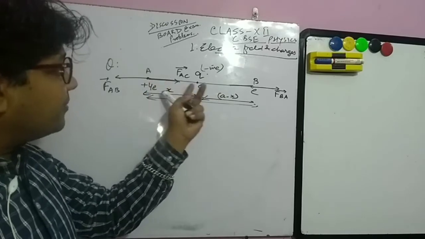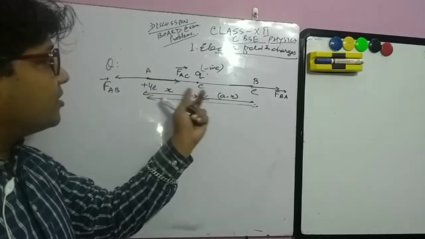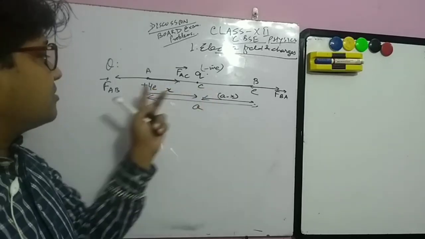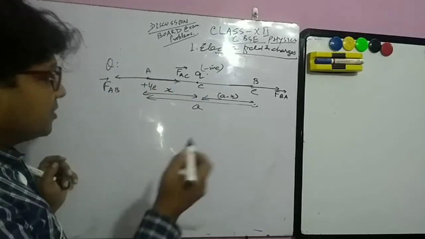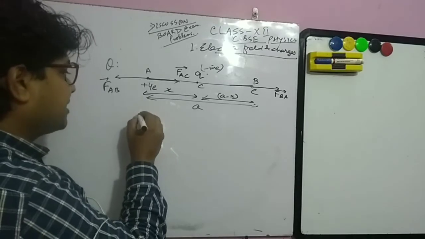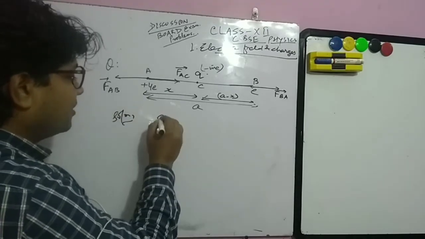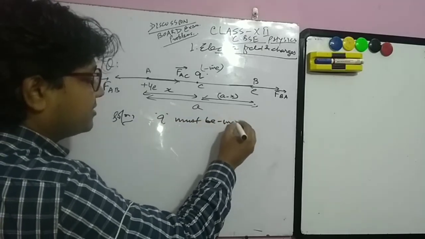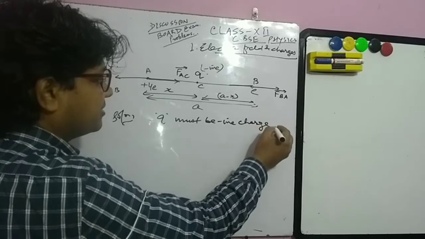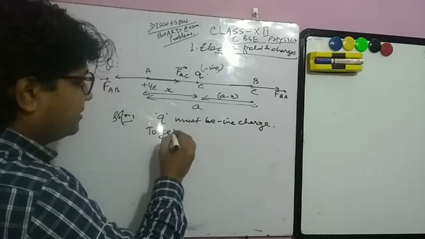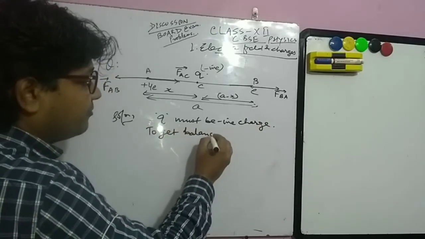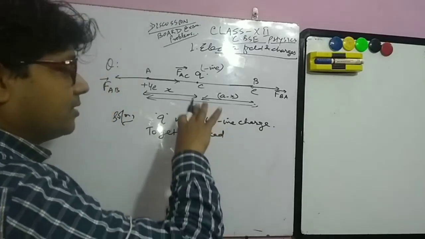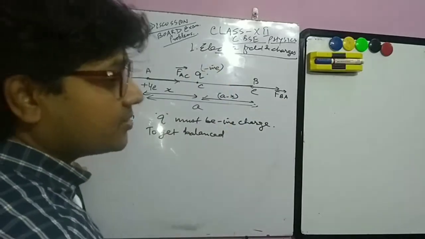So the force between 4E and Q must be force of attraction, so it is directed toward this, so this force will be balanced. So Q must be negative charge to get balance. And we have to find the location, nature and magnitude of this charge Q.